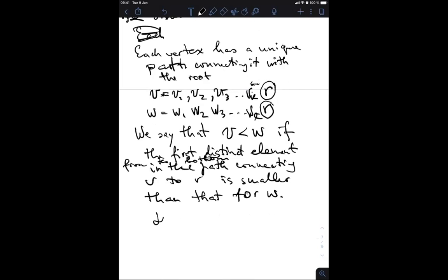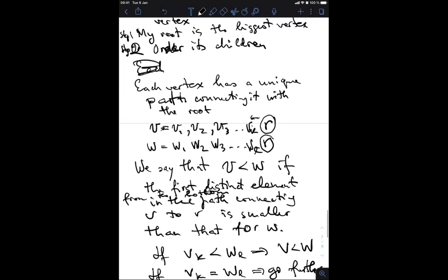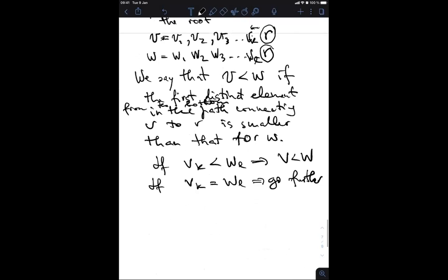So if VK is smaller than WL, then V is smaller than W. The other option is if VK equals WL, then go further, to the next elements.